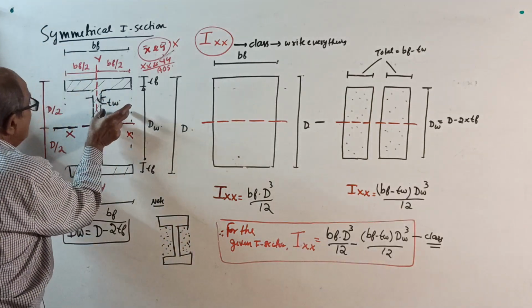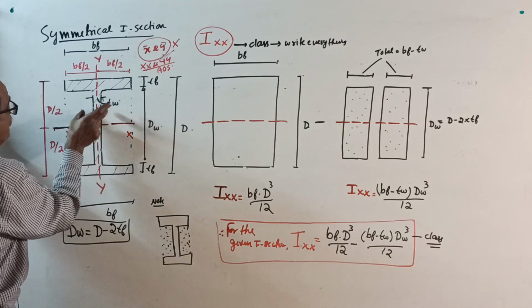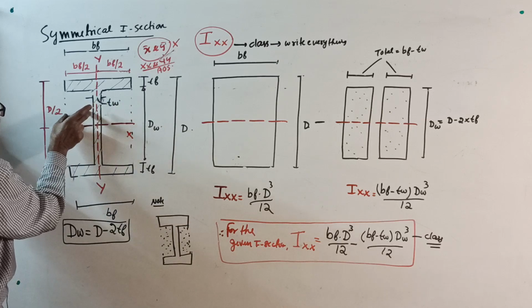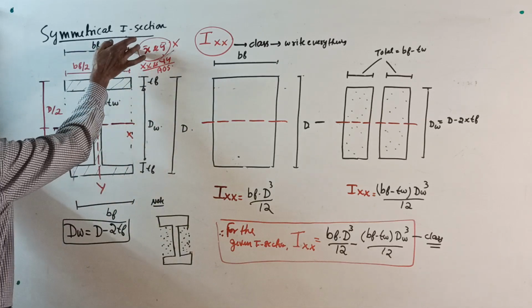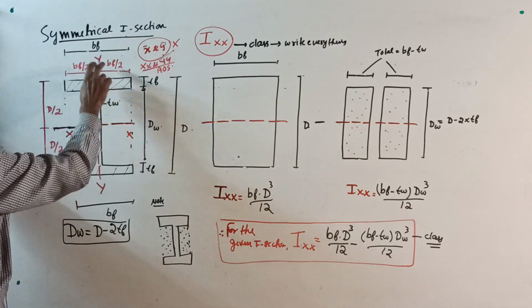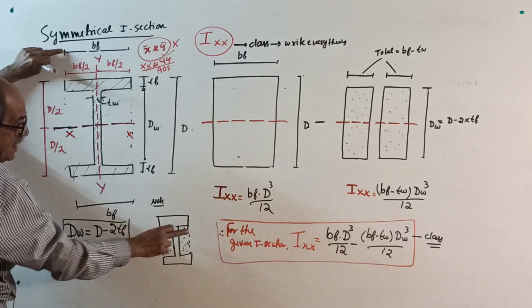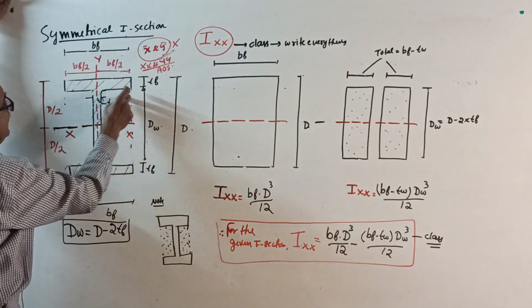There are two empty portions, and together they equal BF minus TW.